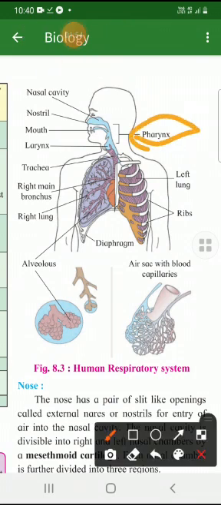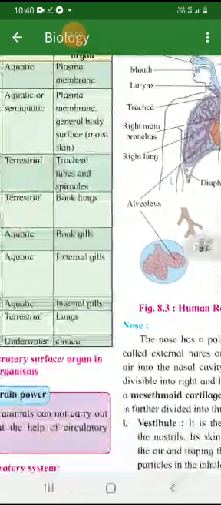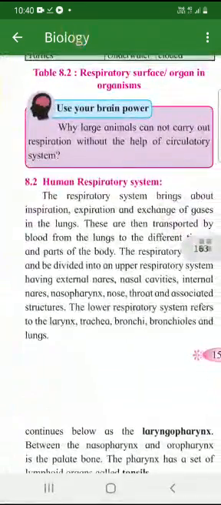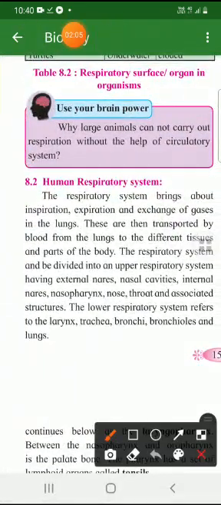So what comes inside it? Your external nares, your nose. We'll just see that part. Here we have to underline it: the upper, external nares, then the nasal cavity, internal nares, nasopharynx.